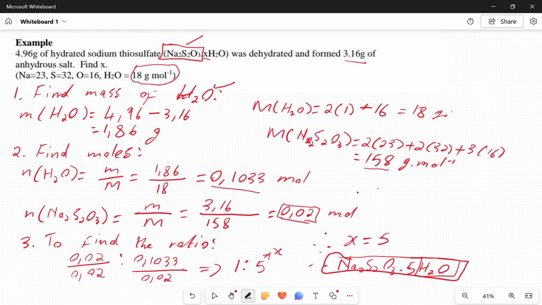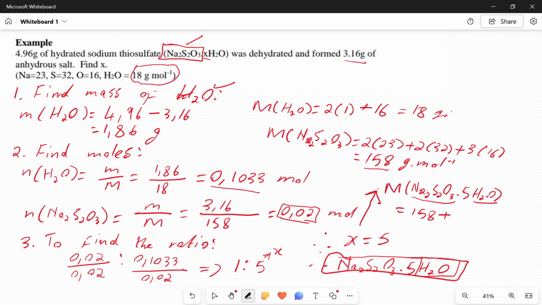So I'll say the molar mass of Na2S2O3.5H2O is equal to the molar mass of this one, which is 158, plus the molar mass of this one.